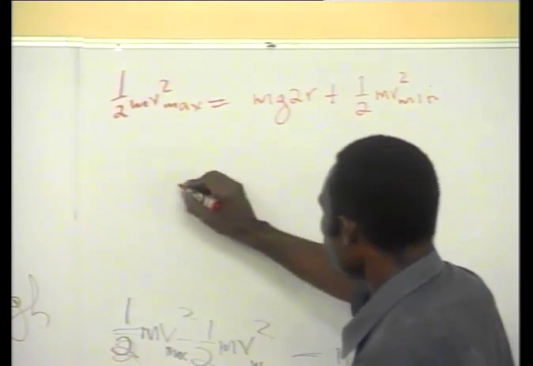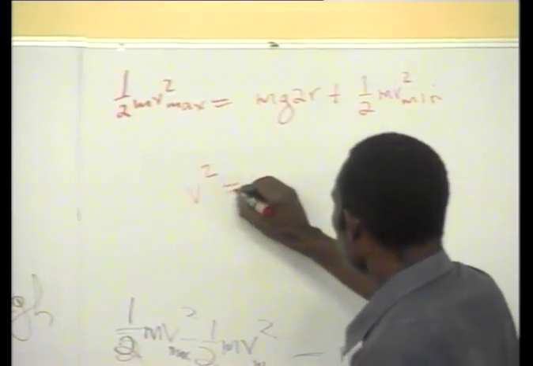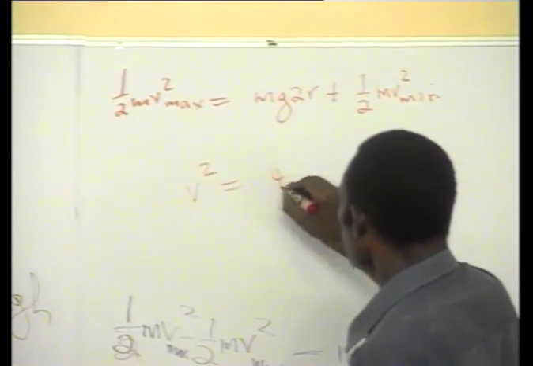You have this one as v squared equals to 4m.